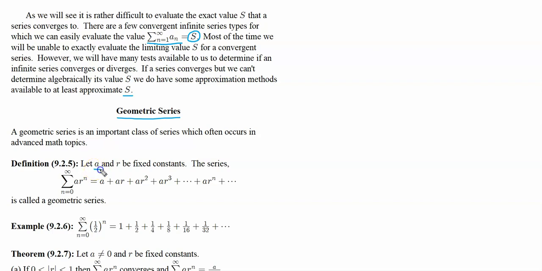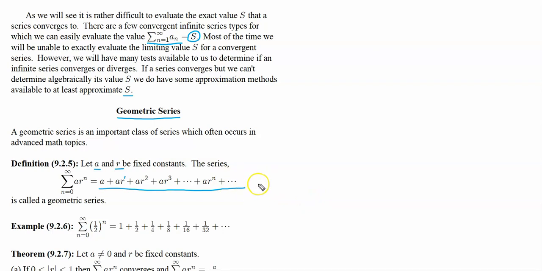If you let a and r be two fixed constants, then it is equal to a plus a times r to the first power plus a times r squared plus a times r cubed plus dot dot dot plus a times r to the nth power, and it just keeps going like that. That's what a geometric series is defined to be.